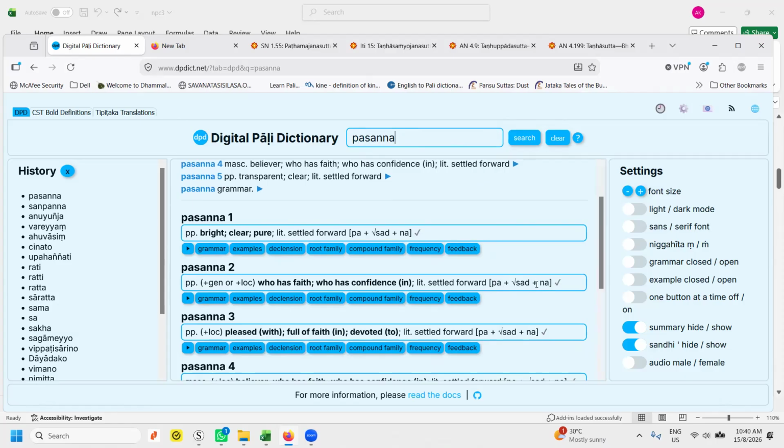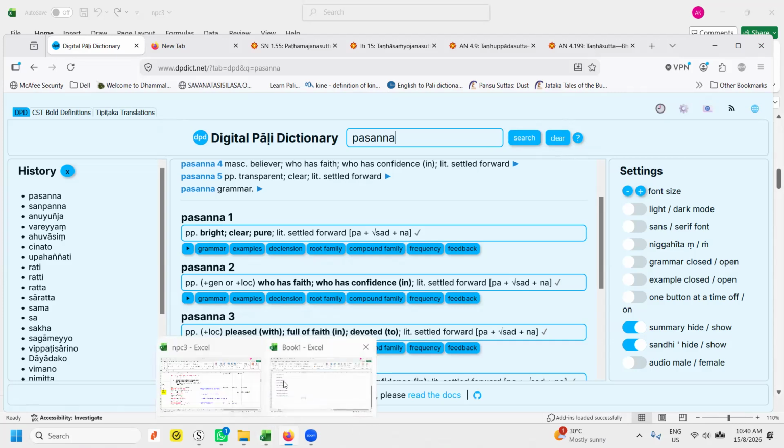One of them is this. Can you see? Past participle, bright or clear. Here, in this particular case, it's not going to be pure. It's going to be bright or clear.